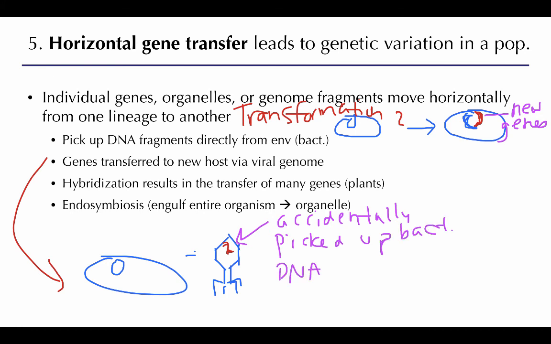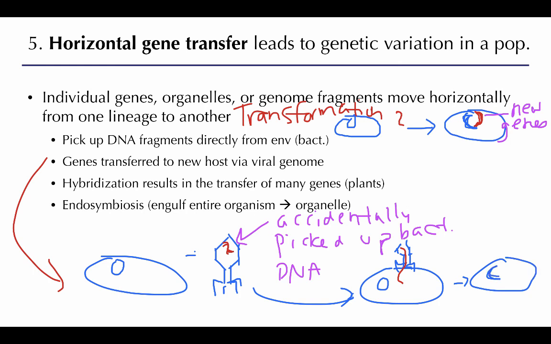So your virus is supposed to have its own genetic material in there, but accidentally it picked up bacteria DNA. We'll talk about how that happens more later. But what can happen is that if the virus infects the bacterium and deposits its DNA there, the same thing can occur. Usually it's chopped up, but sometimes it could be incorporated into the chromosome, and now that bacterium has new genes or new alleles in its chromosome to pass on.